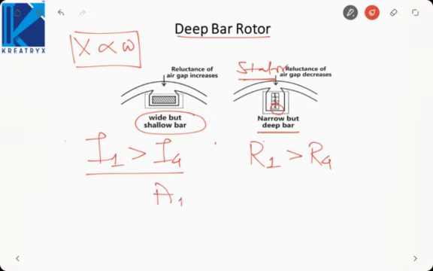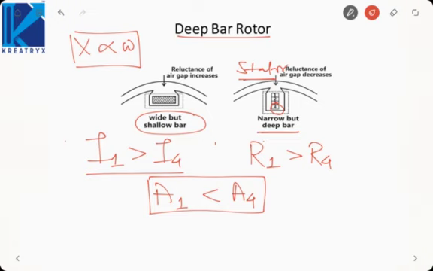The area of cross section of bar 1 will be less than the area of cross section of bar 4. So the resistance of rotor bar 1 will be higher as compared to rotor bar 4. Since the current is flowing through rotor bar 1 and facing a higher resistance, effectively we have increased the rotor resistance. That is how we increase the starting torque.